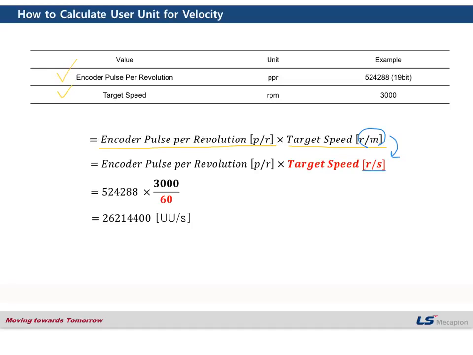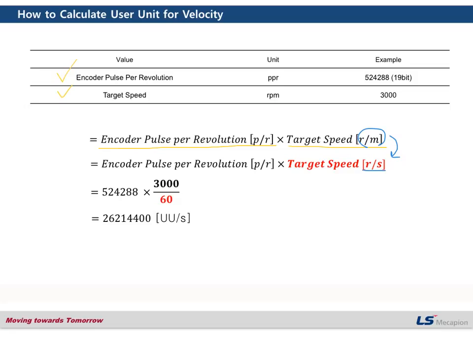So let's input the values. 52488, which is the encoder pulse per revolution, and 3000, which is the target speed. But we have to change the unit, so minute should be converted to second.